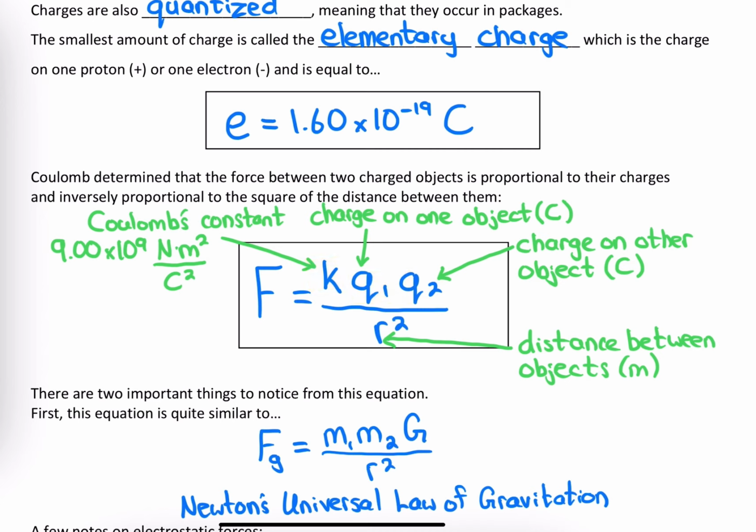And then I'll move F over to the right-hand side, and it'll go down to the denominator. And I can just square root both sides. And we can plug some numbers in. So K is 9 times 10 to the 9.